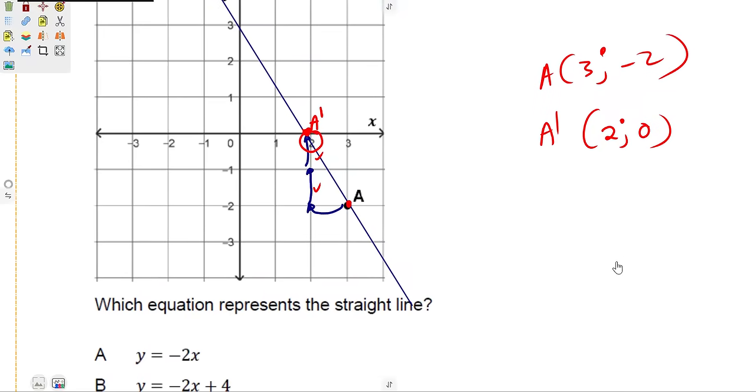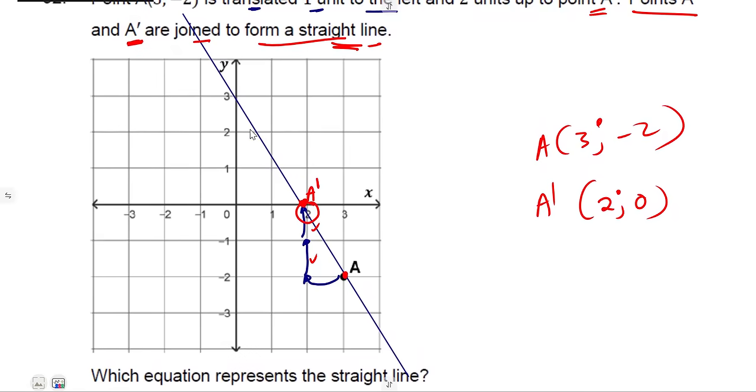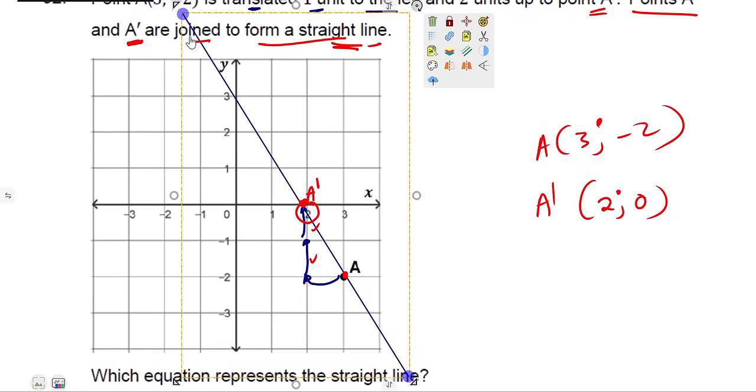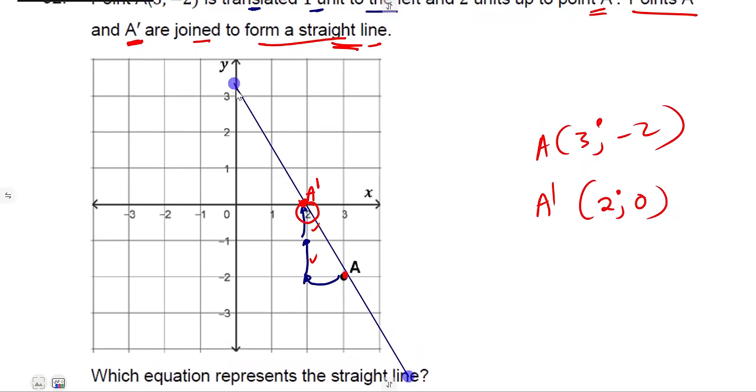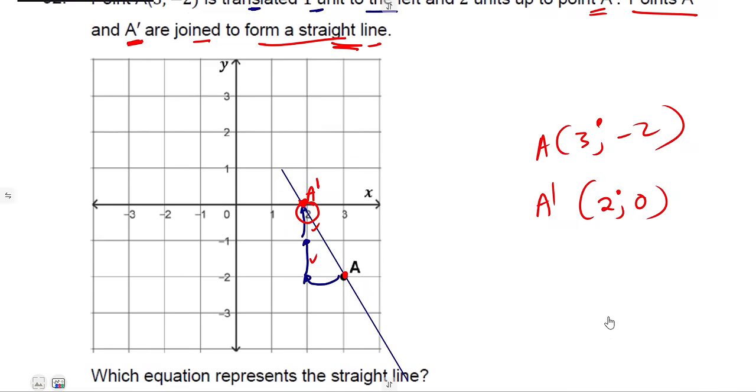Let me reduce it to the y-intercept because this one is going to give us confusion. Let me just join A to A bar, because if I extend it somehow, you might not draw a proper line.